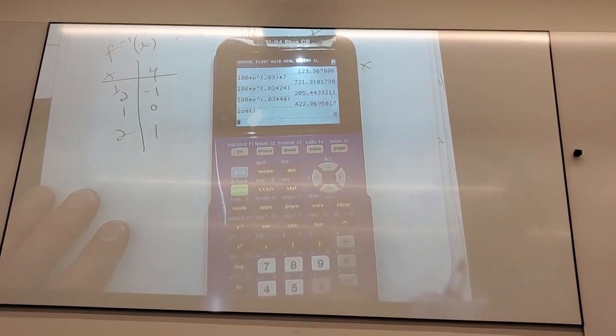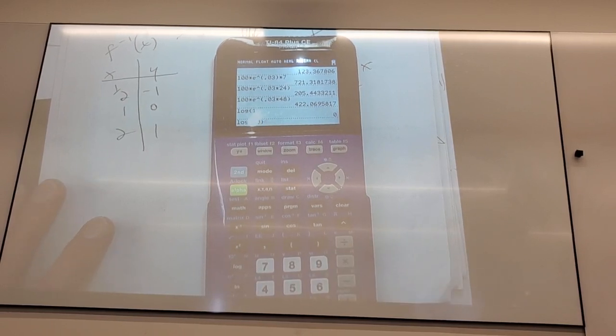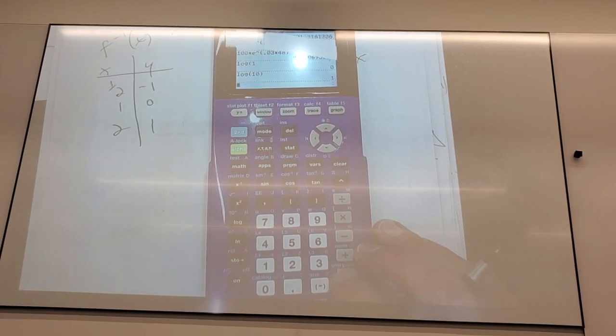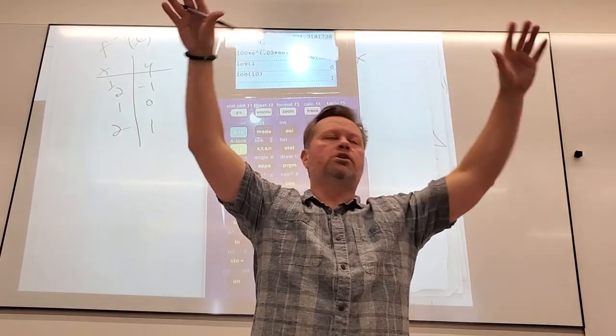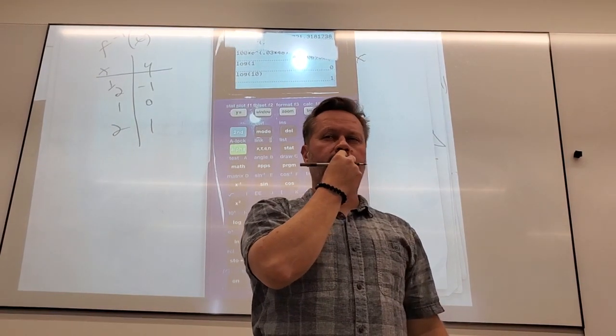If I do log of 10, it's going to be 1, because what power does 10 need? So whenever you see a log without a base, you know it's base 10, the same way when you see a root symbol without a number, you know it's the square root. Same idea. Okay.